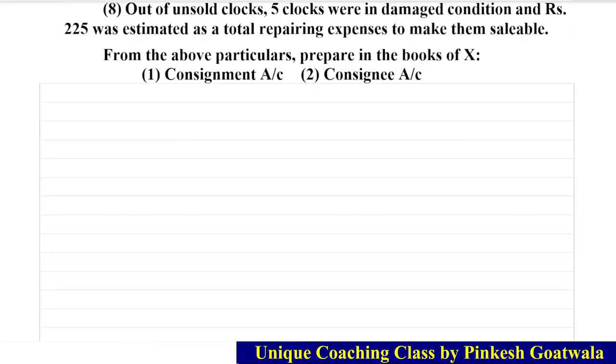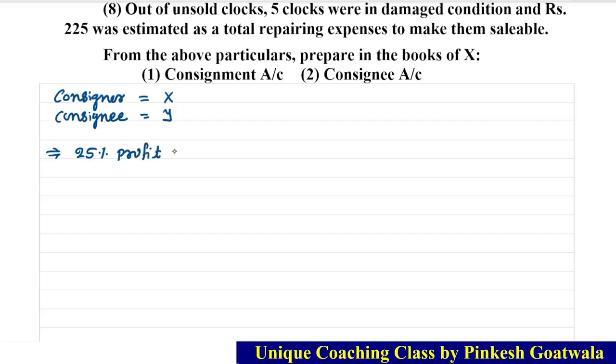Okay, in every question first of all read this carefully. So first of all let's write who is our consigner. Consigner is X and consignee is Y. So in this question the point is that 25% profit આપેલો છે on invoice price.